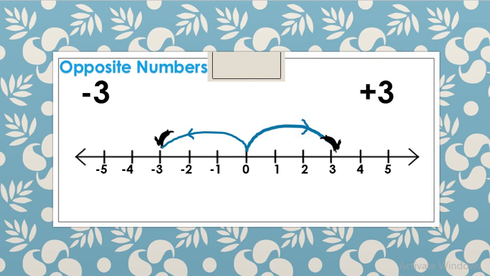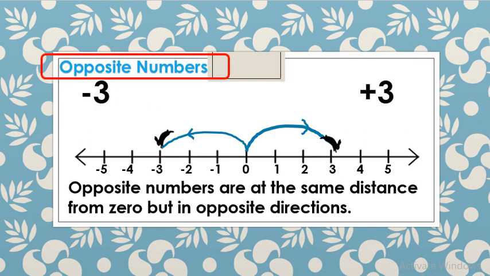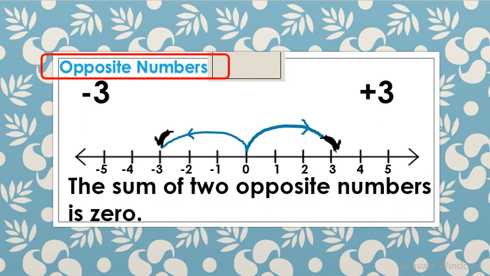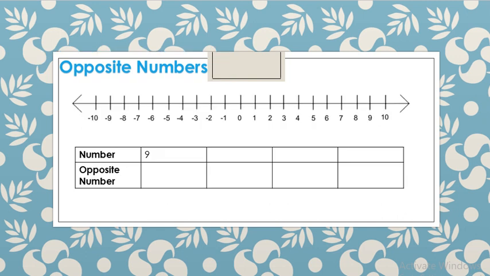Only the directions of the two jumps are opposite to each other. In other words, plus 3 and minus 3 are opposite numbers. Opposite numbers are at the same distance from 0, but in the opposite direction. The sum of two opposite numbers is always 0.